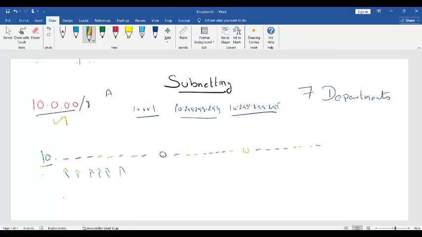You go from left to right. Give only the exact bits that are needed. So giving from the left is what we have to do. Subnetting is giving from the left. How many should I give?